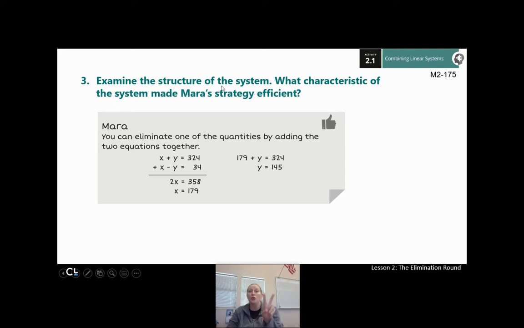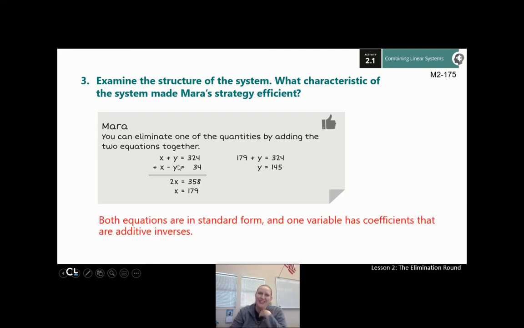So I noticed 2 major things. The first thing I noticed is that both of these guys were in standard form. So apparently Mara's strategy of eliminating one of the variables works best when you've got equations in standard form. And of course, the other thing was that you had a set of variables that were additive inverses, right? We had 2 coefficients that were additive inverses.